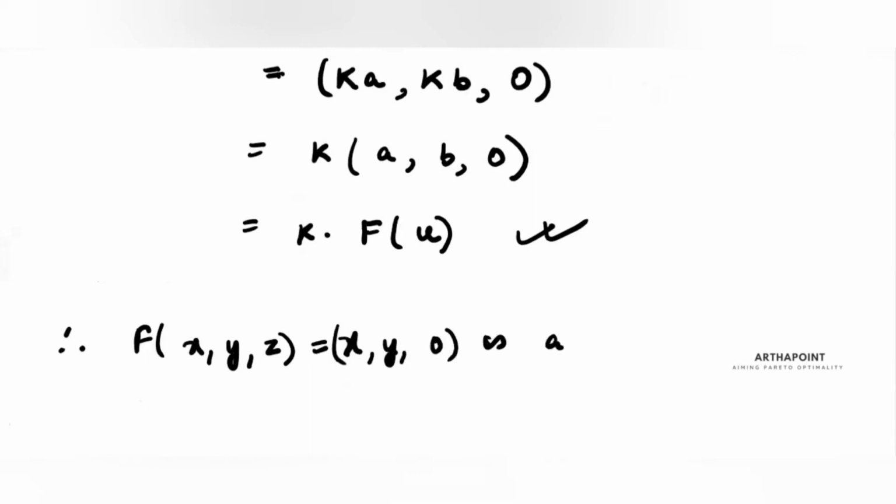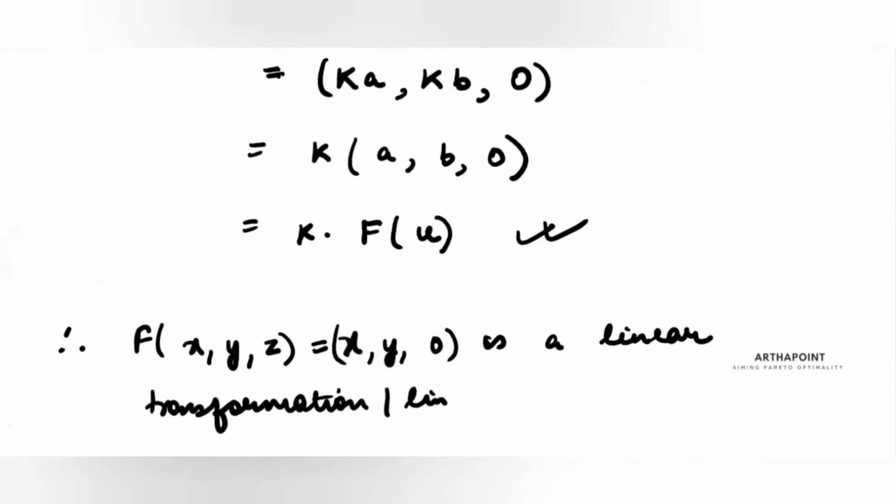This is a linear transformation or a linear mapping. Very easy. You just have to look for these two properties and check whether it is a linear transformation or not, whether it is a linear mapping or not. Now, take one more question and please try this. It's important from an exam perspective.